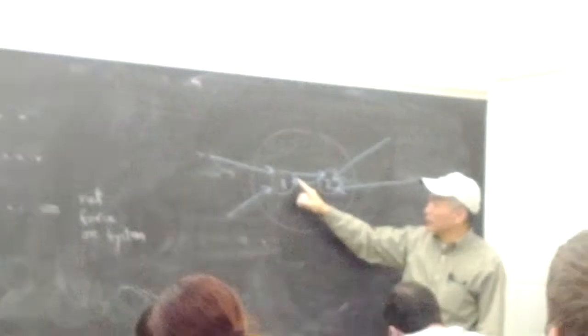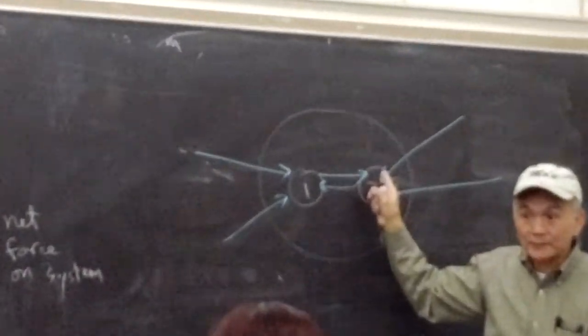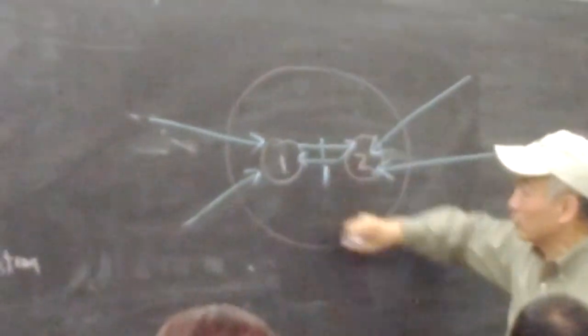So the forces on 1, you will have external forces and internal forces. Forces on 2, you may have force from 1 on 2, or you may have what? External forces. Well, what's this pair here? Force from 2 on 1, and force on 2 from 1. They are action and reaction forces, and they're going to be equal, right? So they cancel. Okay. So the internal forces cancel.